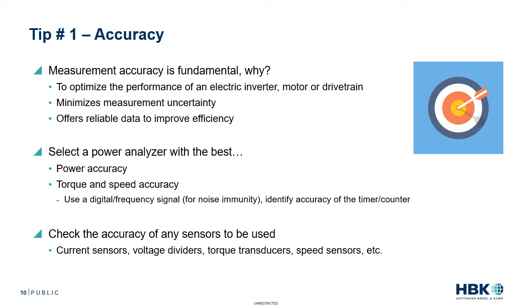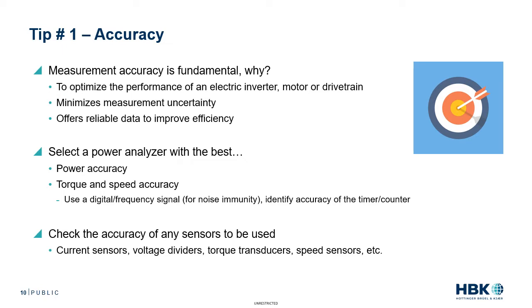Now, selecting a power analyzer with the best base power accuracy available is an investment in the long-term future of your products and solutions. You also want to select a power analyzer with the best torque and speed accuracy, especially with the ability to use digital frequency signals for noise immunity, which means you'll need to identify the accuracy of the timer counter inputs on the power analyzer.